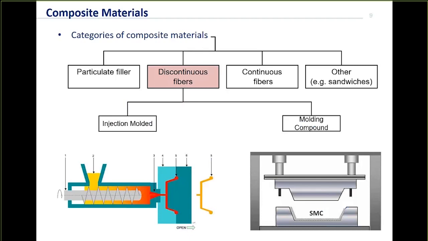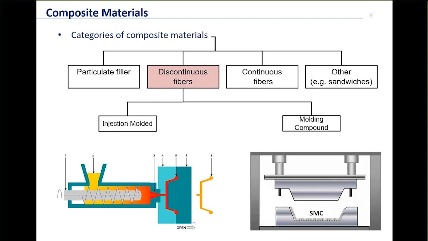So these are fibres that may be around 0.5 millimeters or less, often injection molded. So thermoplastics such as polyamides or polypropylenes with perhaps 30 or 50% of glass fibres are amongst the most common materials here. And these, as I mentioned, tend to be injection molded.